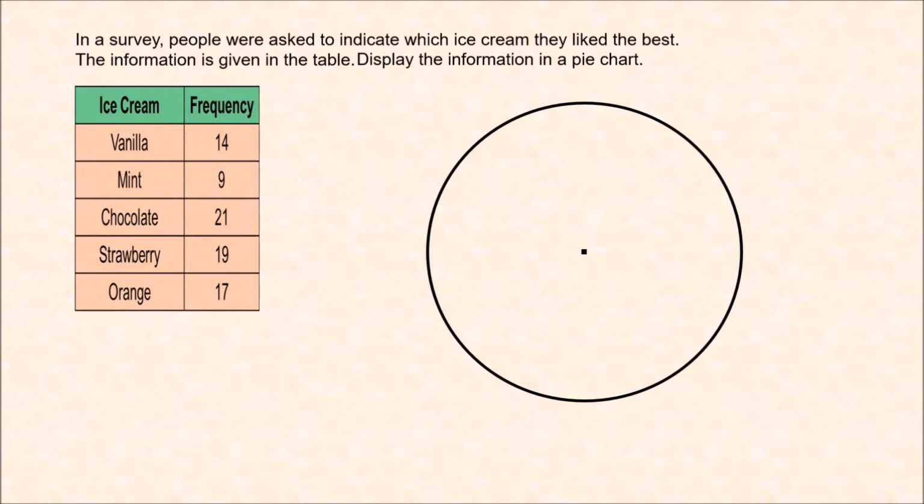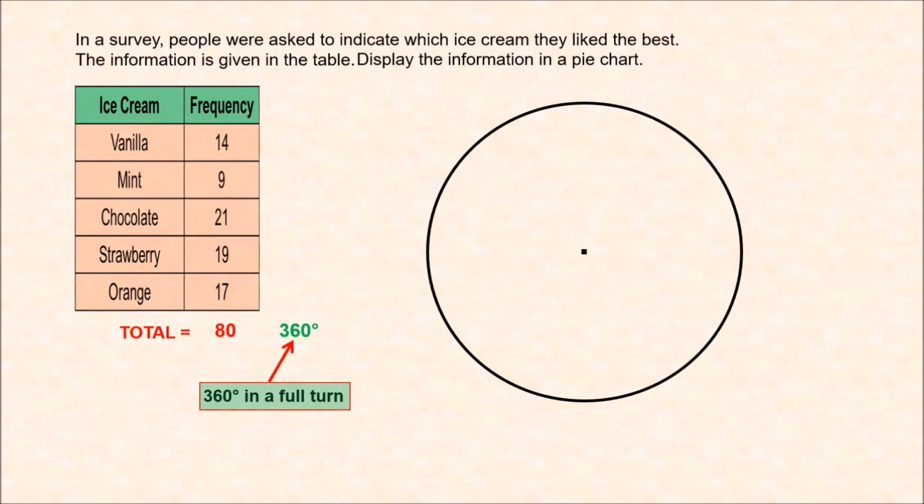So same thing, we'll start the first step to get the total. So for this one, the total frequency is 80. Now, 360 degrees divided by 80 will not be a whole number. So what we do now is to get the portion of the people or of the frequency out of 80.